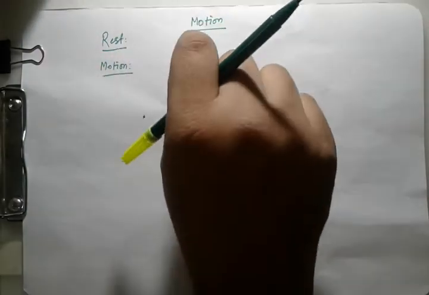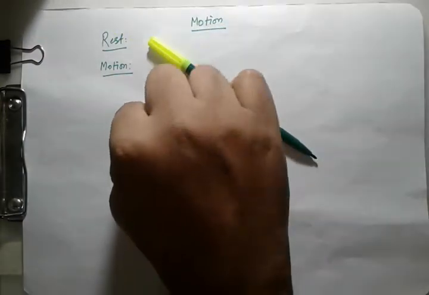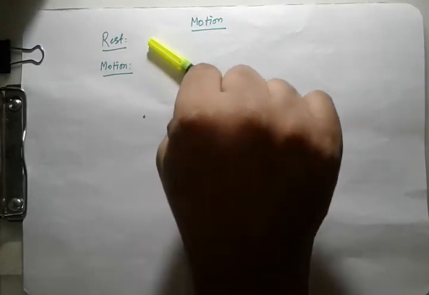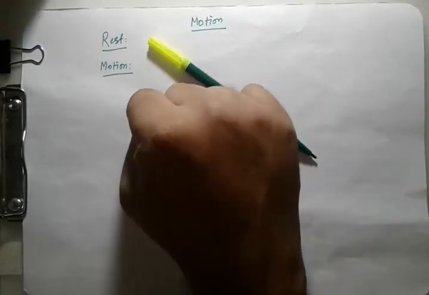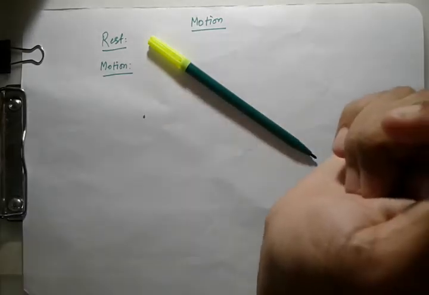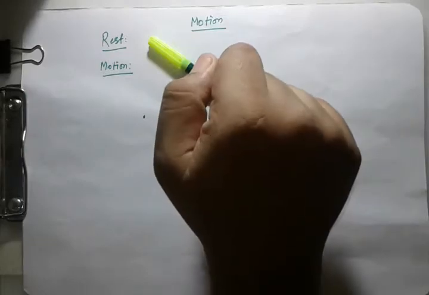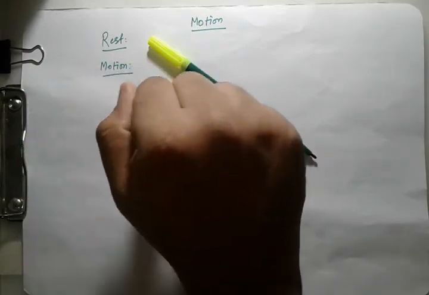Suppose I take the reference point here and I am observing this pen, I will see the pen is at rest. Now if this reference point goes outside of the space, then I will see this pen is in moving condition. So if we change the observation point, that observation point is known as the reference point.